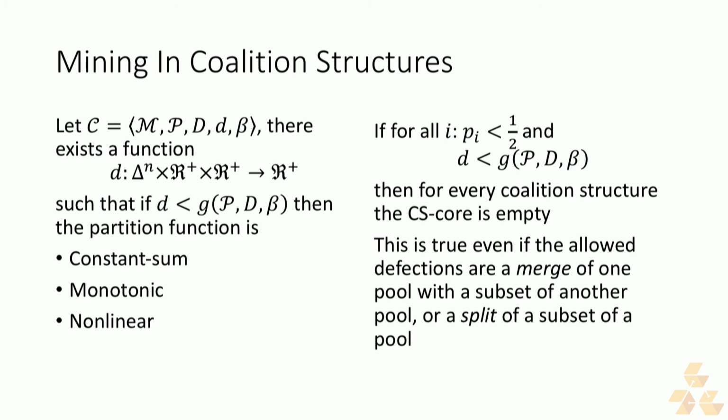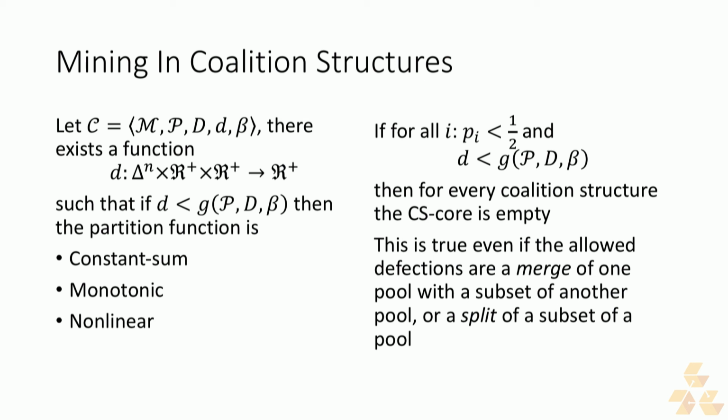Our main result in this work: we show that as long as the communication inside the pool is not too big, this game has the three properties that I earlier defined. The game is constant sum, the game is monotonic, and the game is non-linear.